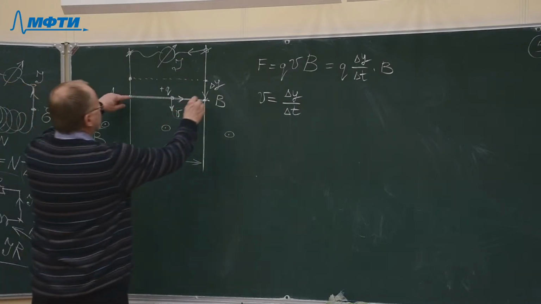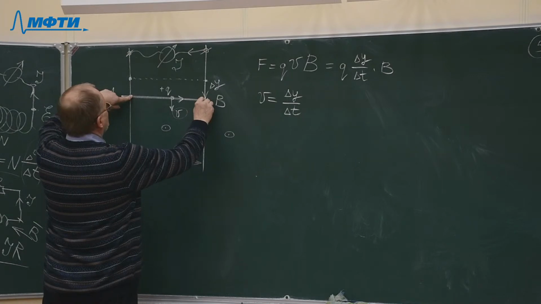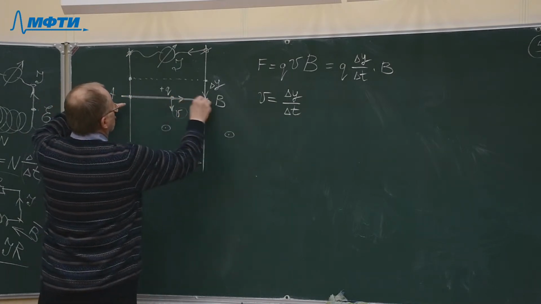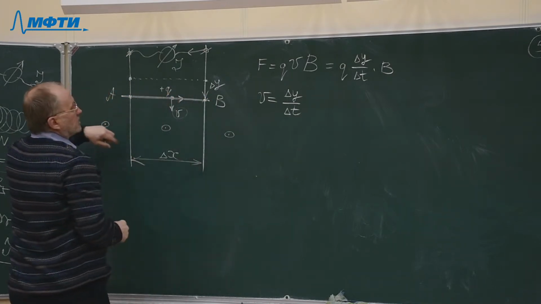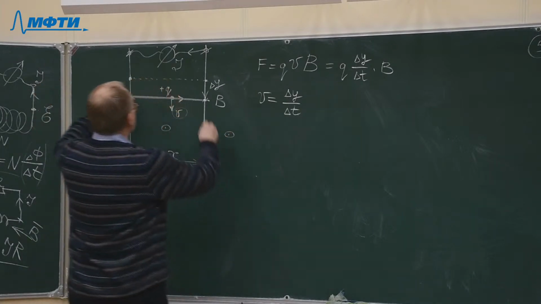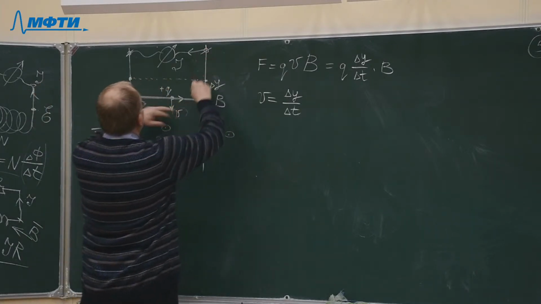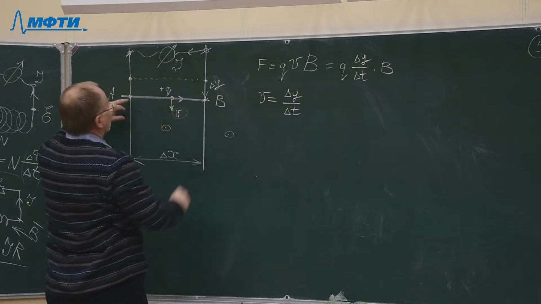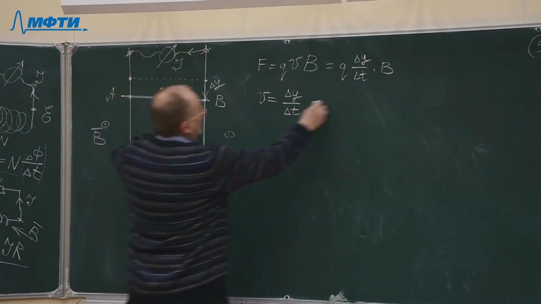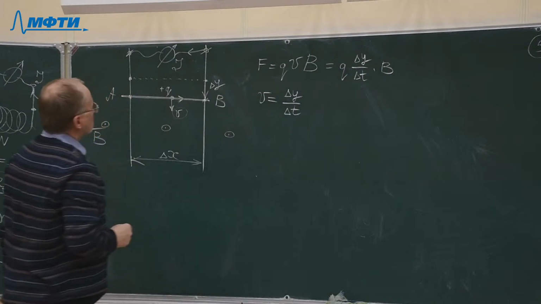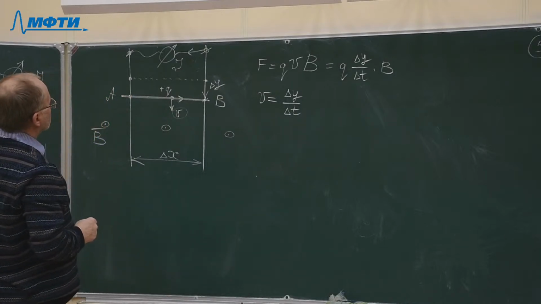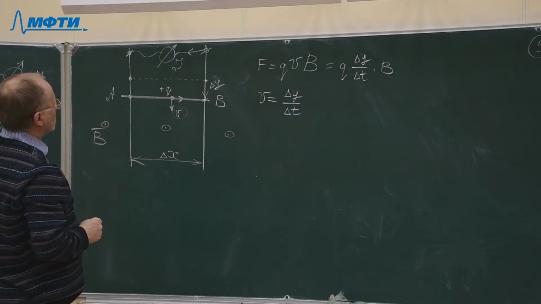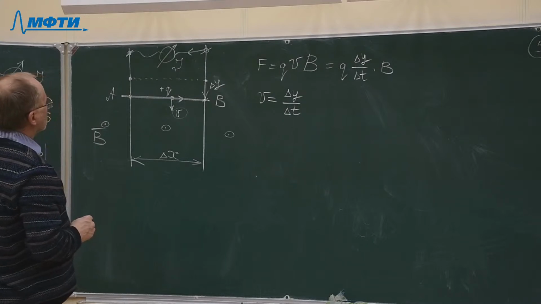If we take all the charges q in this rod, and the time delta t during which all these charges go away from this rod, then this q divided by delta t will be equal to the current.